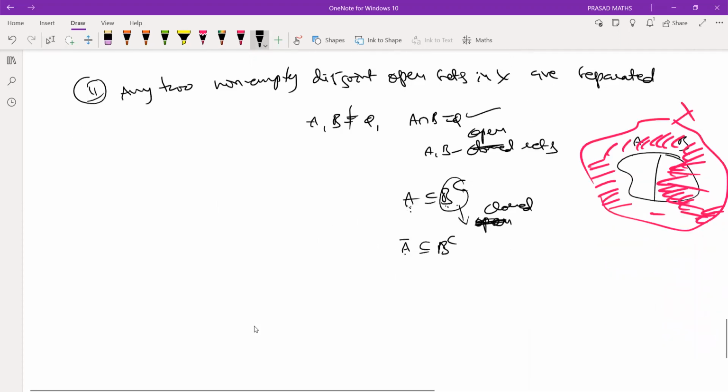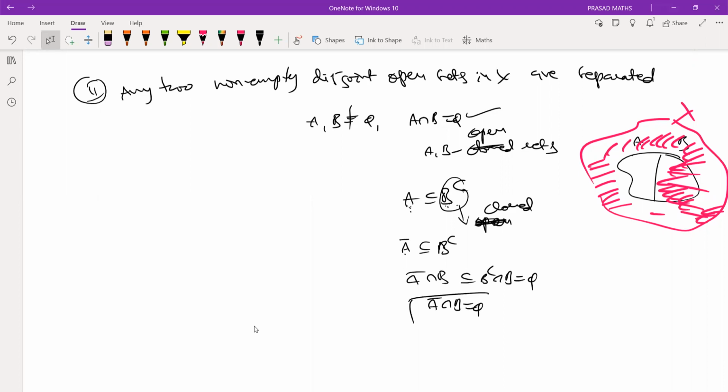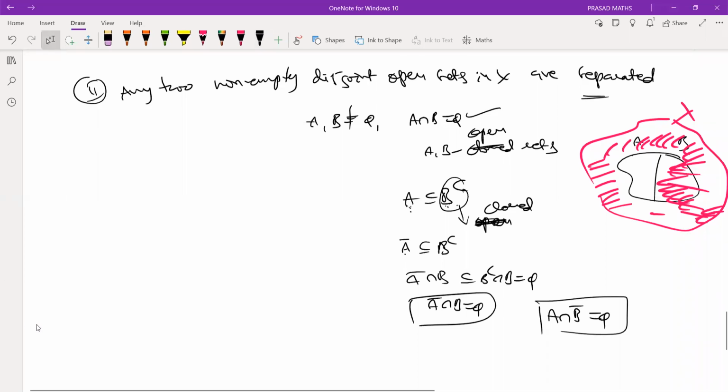Take the intersection with B: B intersection B complement is empty, and a subset of empty is always empty. Similarly, one can show that A intersection B closure is also empty. Therefore, they are separated sets. So any two non-empty disjoint open sets are always separated sets.